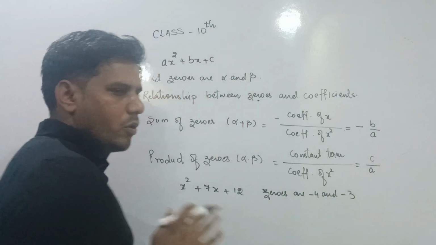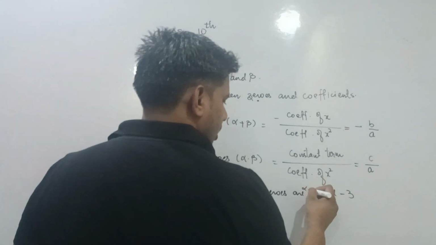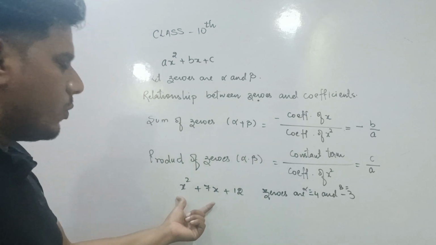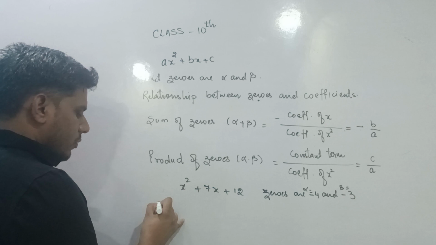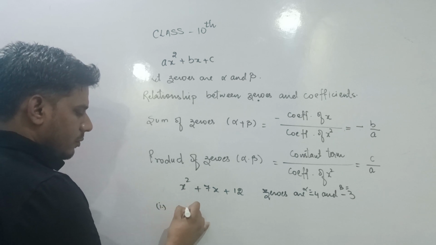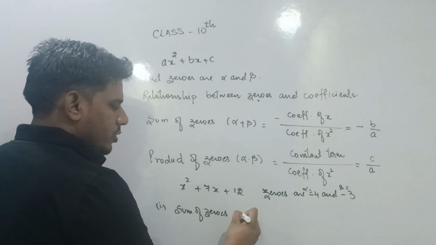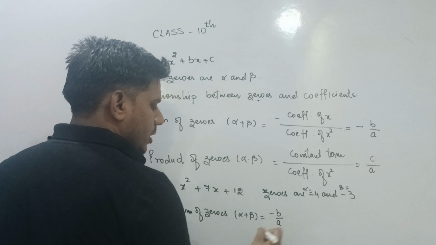We already solved these zeros as minus 4 and minus 3. So first one is alpha and second one is beta. So for this polynomial we can find the sum of zeros. Sum of zeros means alpha plus beta is equal to minus b upon a, the standard formula.